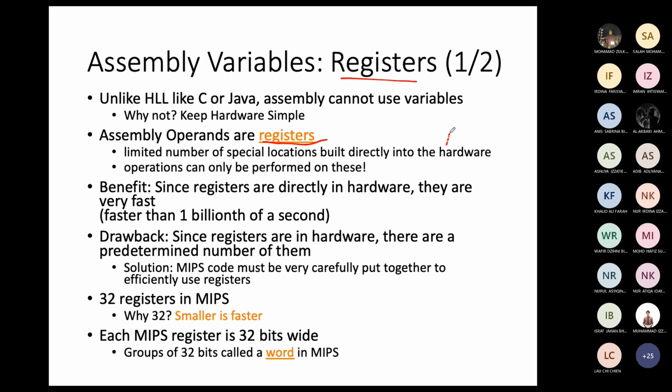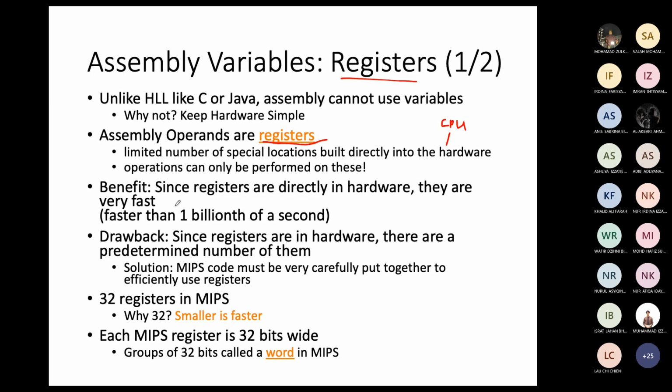The hardware here is referring to the CPU. Imagine that small rectangular device that can contain a very limited number of registers to do the operations. All operations can only be performed on these registers.